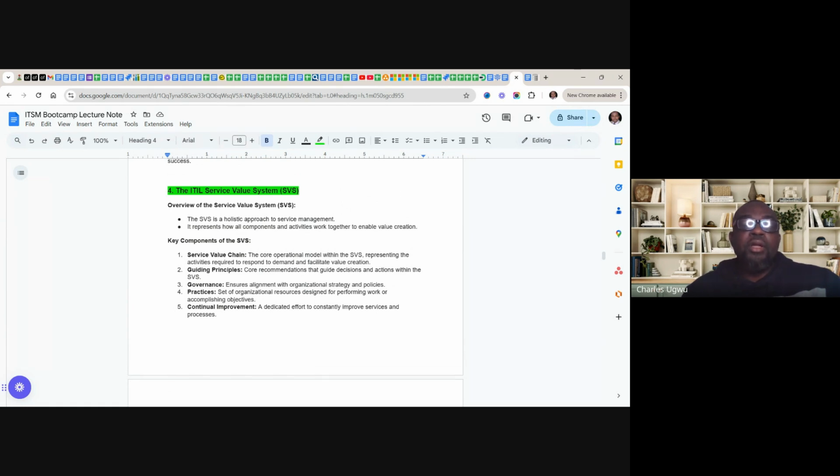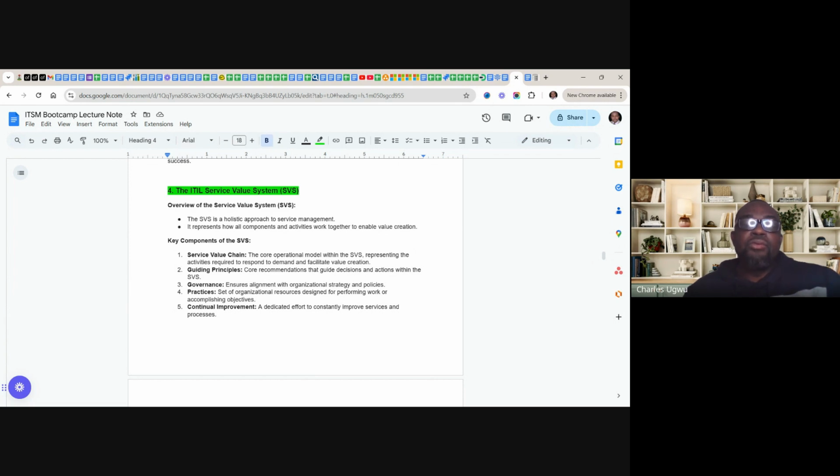We have these key components that create value under ITIL. So the components that create value in ITIL are, number one, the service value chain. Then we have guiding principles, we have governance, we have practices, and we have continuous improvement.